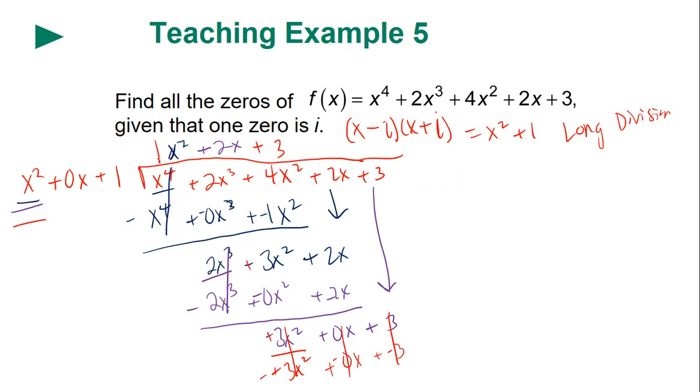Okay, that's our quotient. To find our zeros, we have to factor that. So this is a mental factor. So I ask myself, what multiplies to give me 3, but adds to give me 2? A positive 3 and a negative 1. 3 minus 1 is 2. That didn't work.